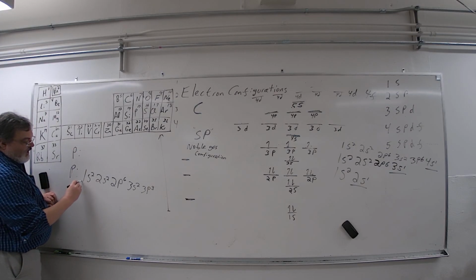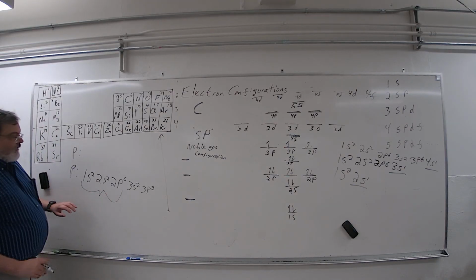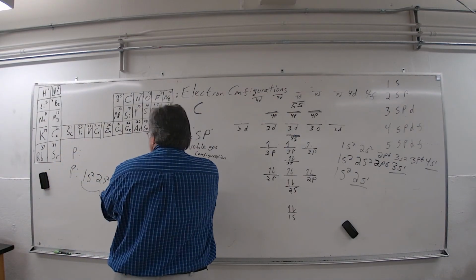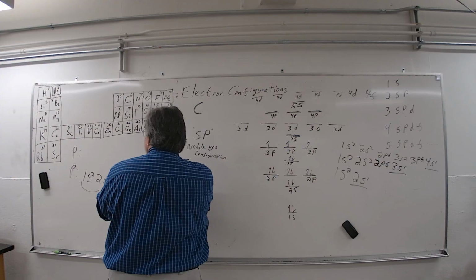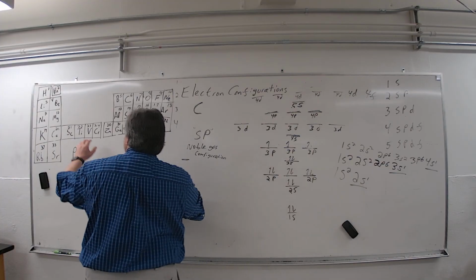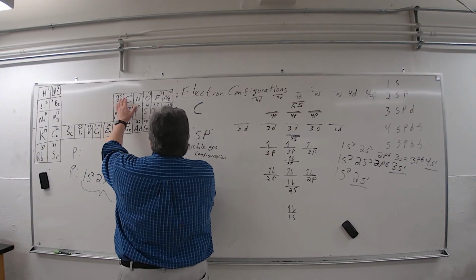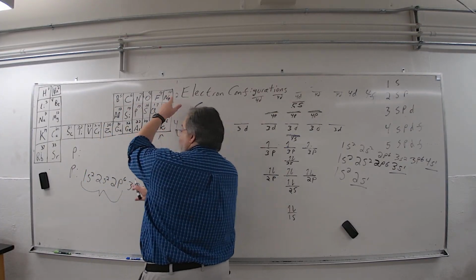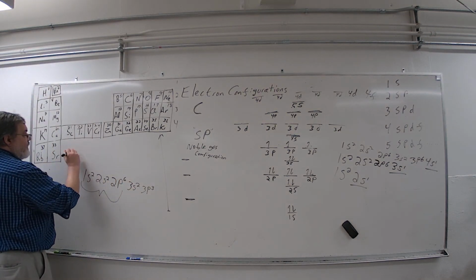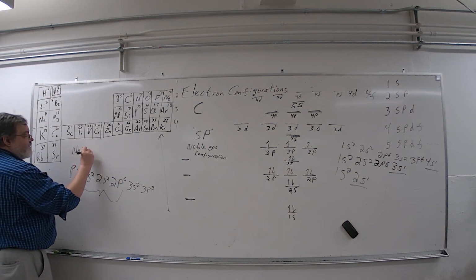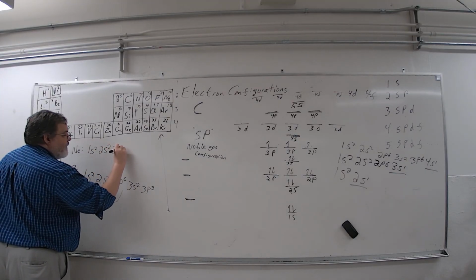We take that. If we took that by itself and I didn't have anything here, what would that be the electron configuration of? The 1s is full, the 2s is full, and the 2p is full. That's the electron configuration of neon. The electron configuration of neon is 1s2, 2s2, 2p6.